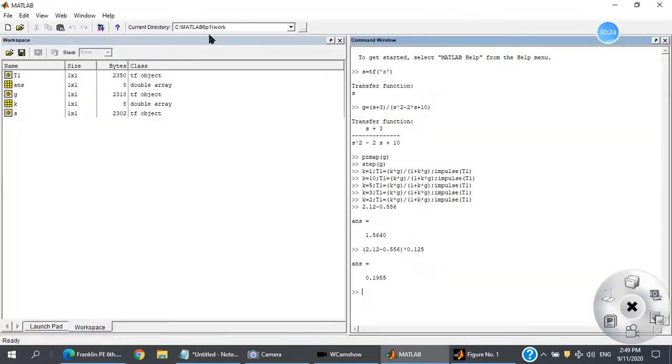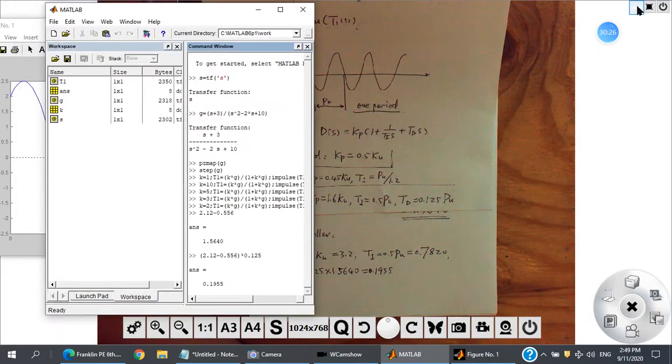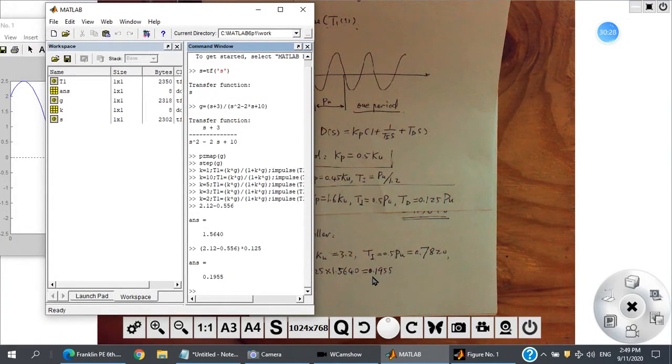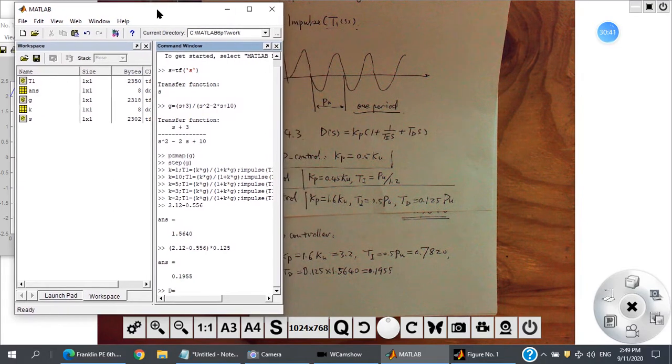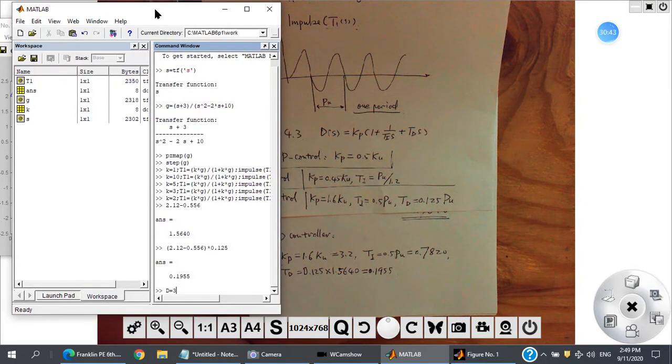We have these three numbers, so I can write D of s equal to KP. KP is 3.2 times the 1.